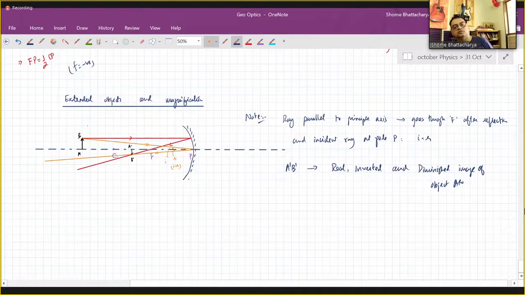So now we can also see that triangle ABP and triangle A prime B prime P are similar right angle triangles.